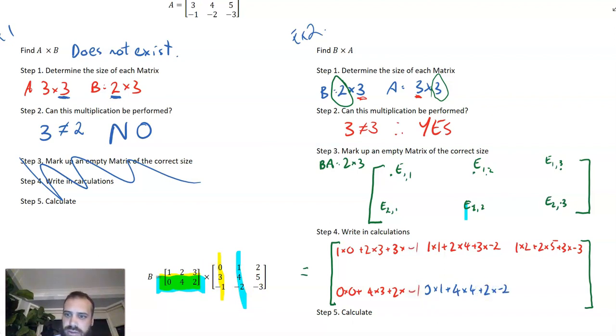And finally, it's going to be row 2 times column 3: 0 times 2, plus 4 times 5, plus 2 times negative 3.